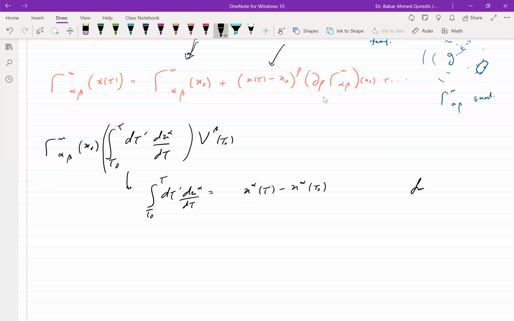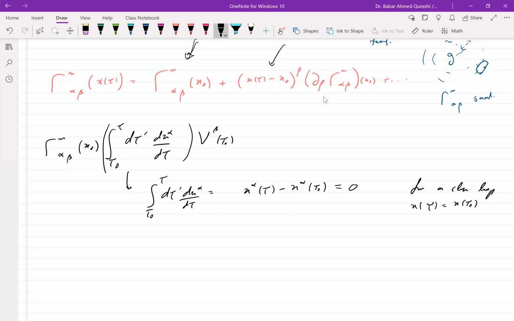And for the closed loop, I come back, tau brings me back. Tau is a different parameter when I come back, but x of tau is equal to x of tau naught. So this is 0. So this whole contribution goes to 0.